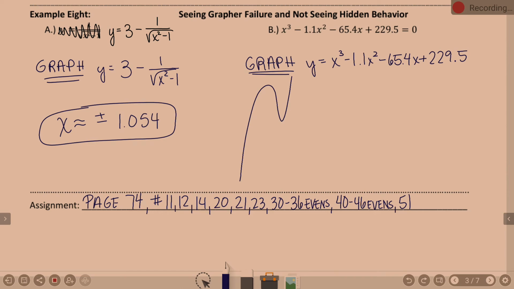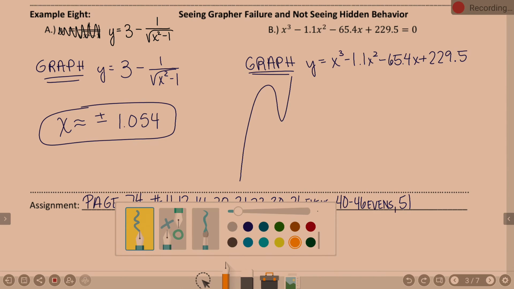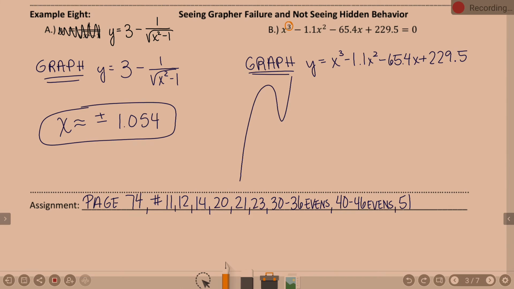I see 2 being held up. Agree? Disagree? Yeah. Now, I have an issue with that, though, based on what I know. My highest power is what? 3. My highest power is 3. What do you think that indicates? That indicates there's supposed to be 3 solutions or 3 roots.